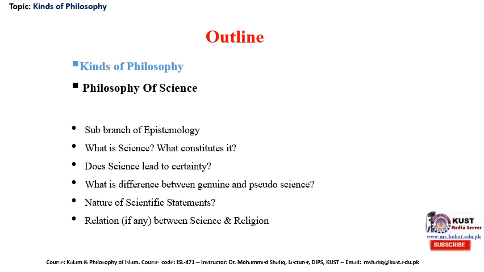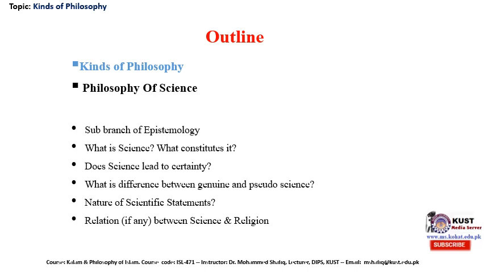Suppose we try to dig out the reality about chemicals, all those paths or ways which lead towards gaining knowledge about chemicals and the relationship between chemicals, they constitute chemistry. And chemistry is a science. It is called natural science because chemicals are something which are natural.